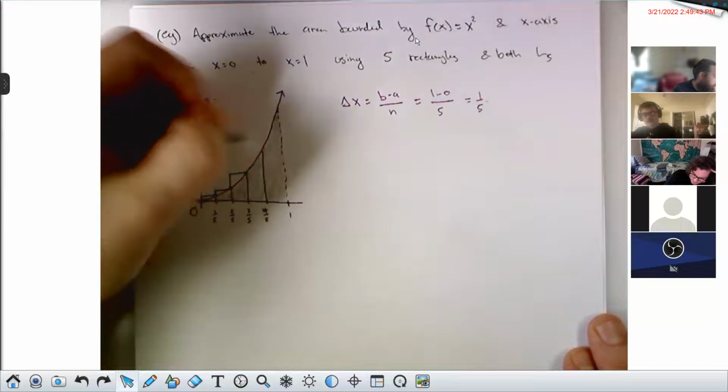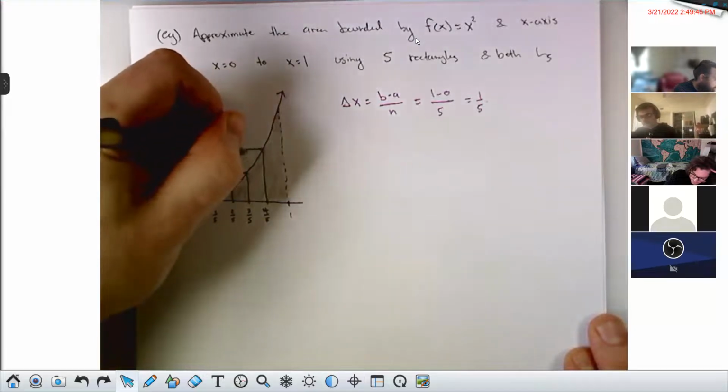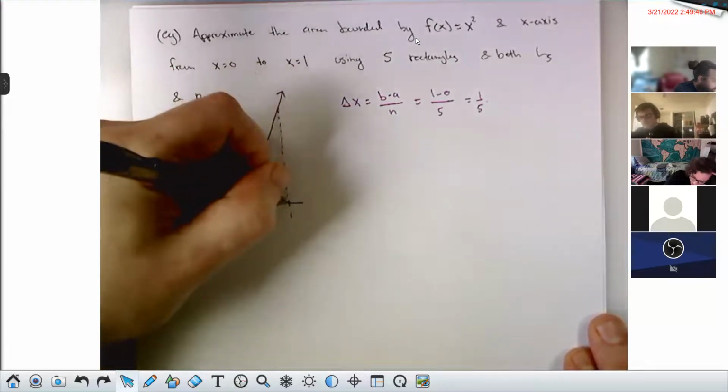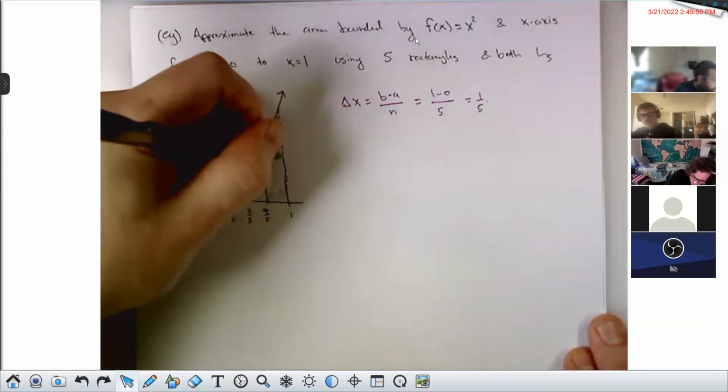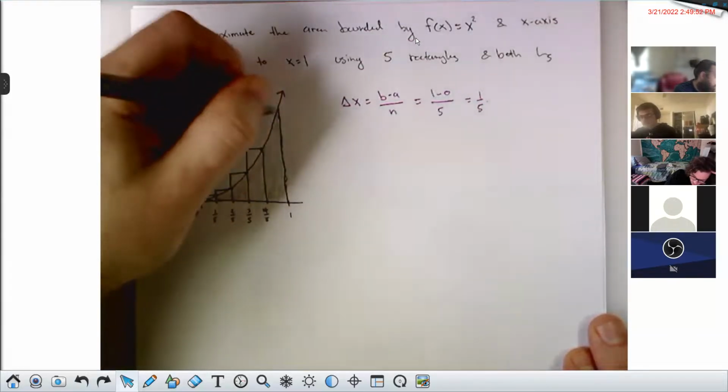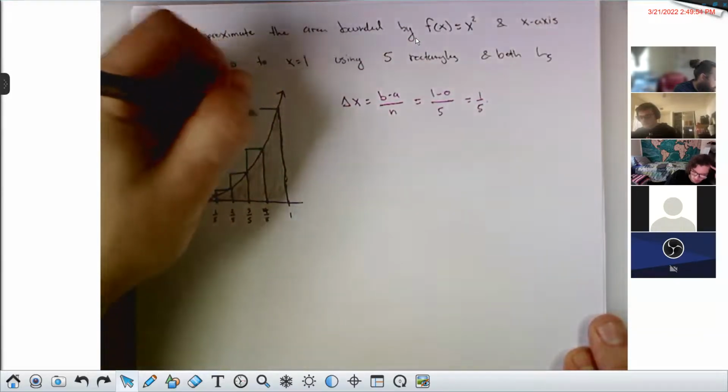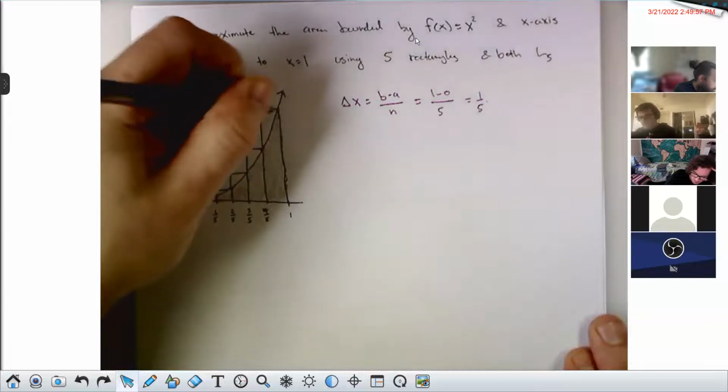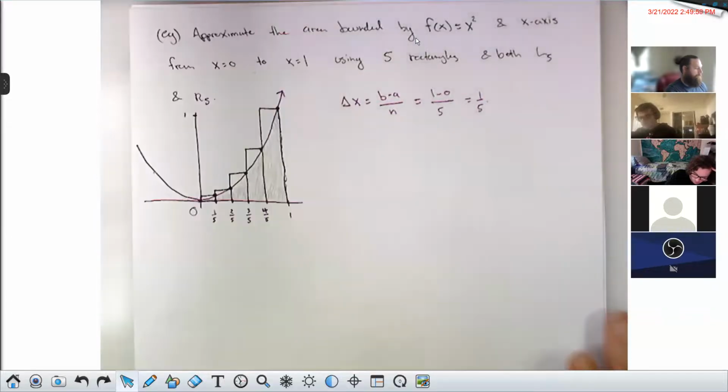Fourth rectangle. And my fifth rectangle. I think it's pretty clear that this is going to be an overestimate. The area of the rectangles is definitely larger than the area shaded by pencil, because the pencil shaded area fits entirely inside the rectangles.